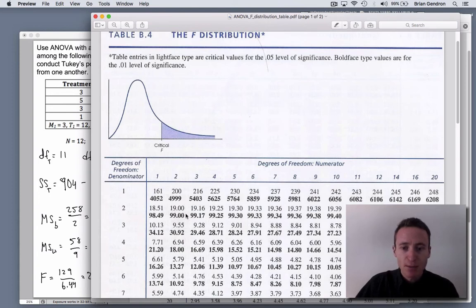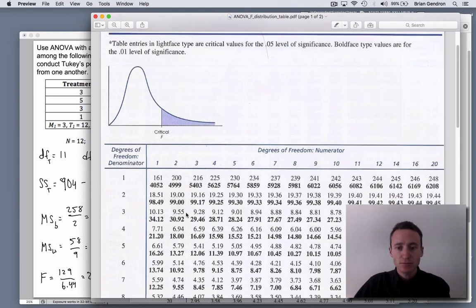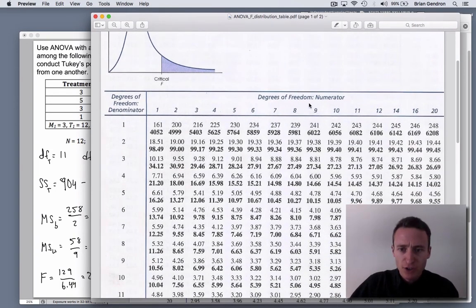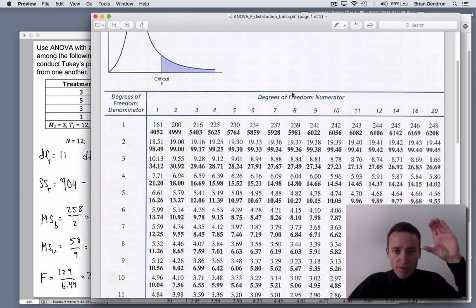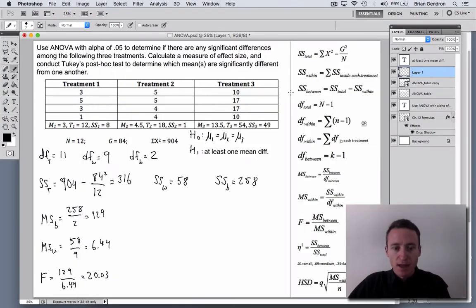To read this table, you need two pieces of information in addition to your alpha level. So over here it says degrees of freedom numerator. This is your degrees of freedom in the top, the numerator of your F formula. And so if you go to your F formula, that is your between value. So DF between is 2 in our study.